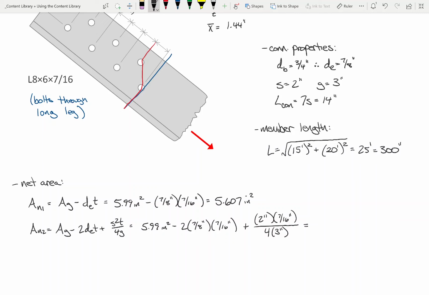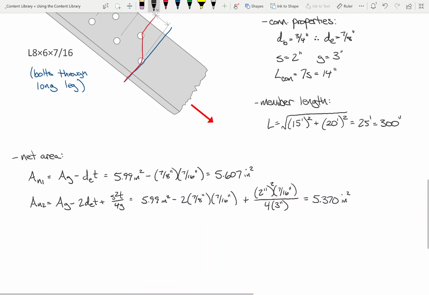Okay. So how about this one? 5.37. Oh, I have a typo. Squared. S squared t over 4g. You squared yours? Okay. Do I have a second? Yeah. Okay. So which one is our net area? The smaller one.